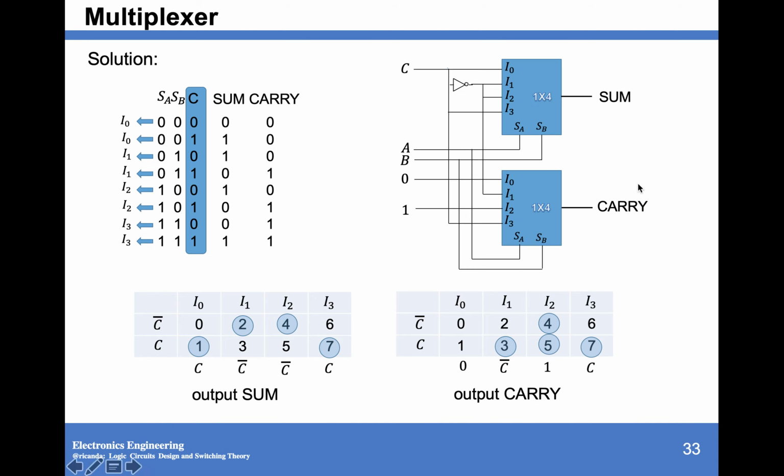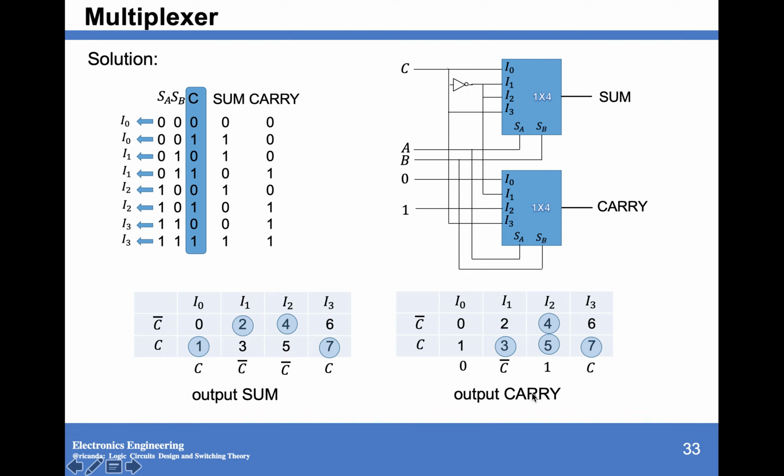Then, this is now your circuit using MUX. For sum, we have SA and SB, that is A and B. Your input is C. I0 is connected with C, as well as I3 is connected with C. I1 and I2 are connected with C bar, so we have to use an inverter.